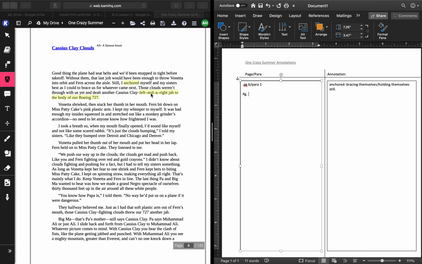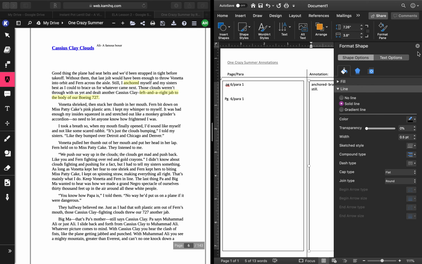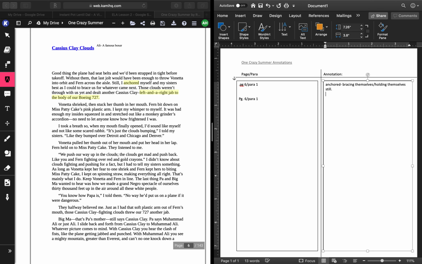So this is page 6, paragraph 1. So let's annotate that. Sorry. Getting used to annotating on this here. All right. So we're going to put it in quotes because, right? And we can just put these ellipses because we know how this ends.